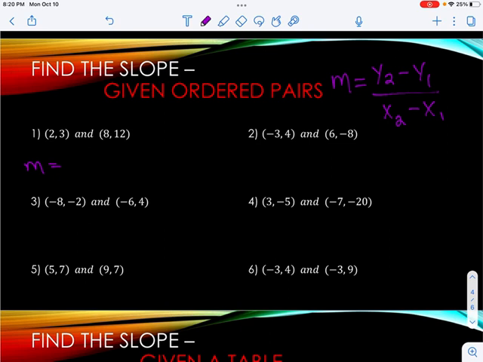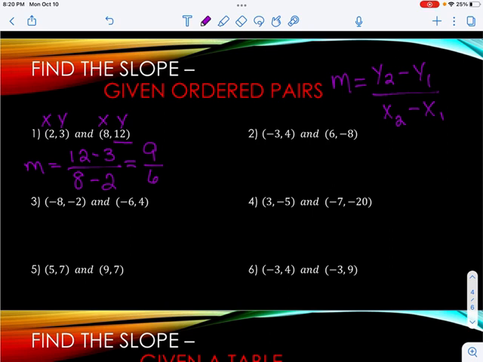So slope equals, remember our ordered pair, we go xy, we go xy. So I'm going to start with the 12, and I'm going to go 12 minus 3. Since I started with the 12, I have to start with the 8 first, and I would go 8 minus 2. So 12 minus 3 is 9. 8 minus 2 is 6.